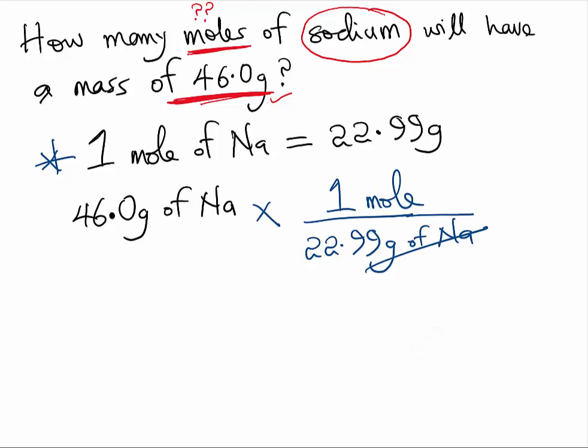If you cancel out the grams of sodium and you punch the numbers into your calculators, you should get approximately 2.00 mole if you round to 3 significant figures.